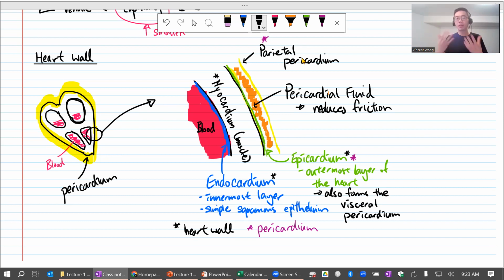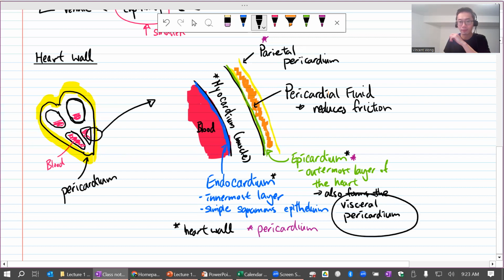This is a common theme that you will see. Many organs will have a double layer membrane. The outer one is always called the parietal. The inner one is always called the visceral. The inner is the visceral. Can you spell visceral? Right here. Visceral. Okay, thank you.